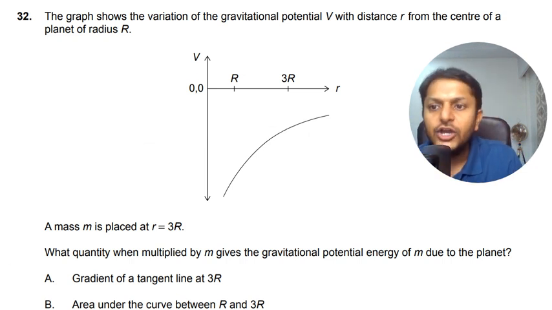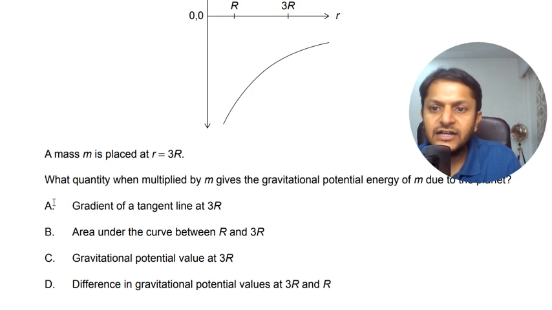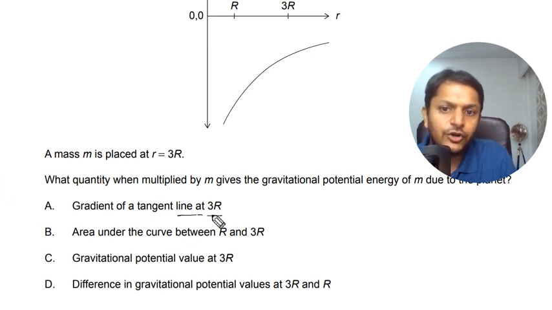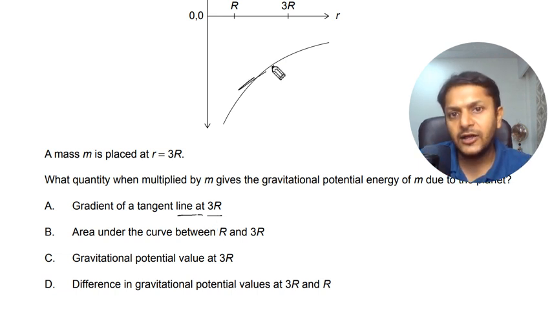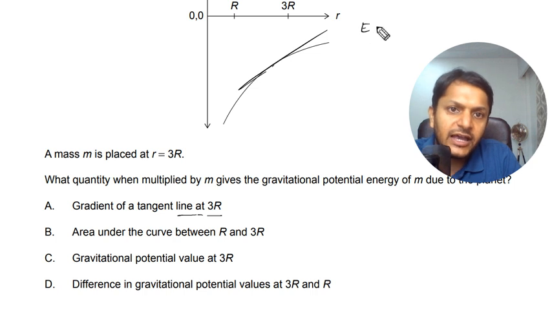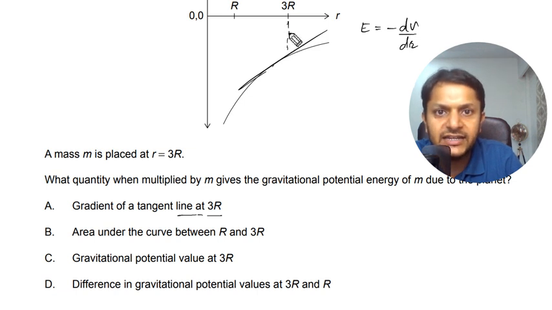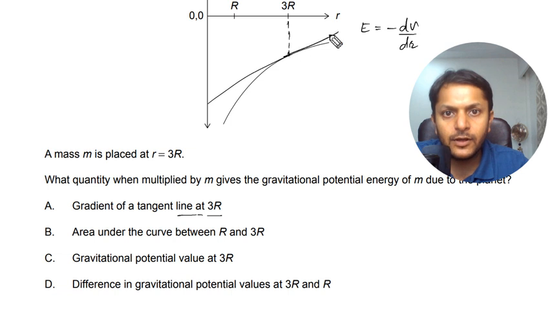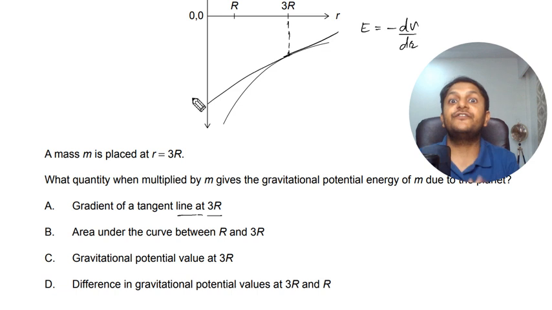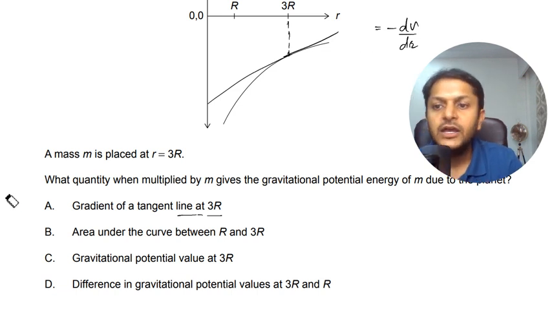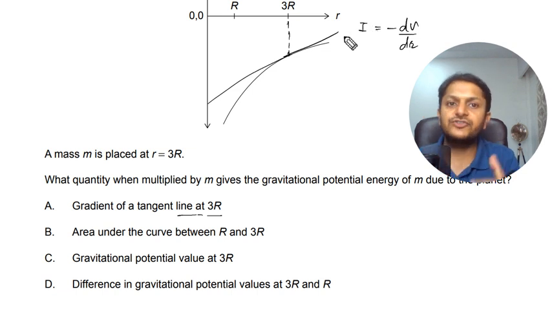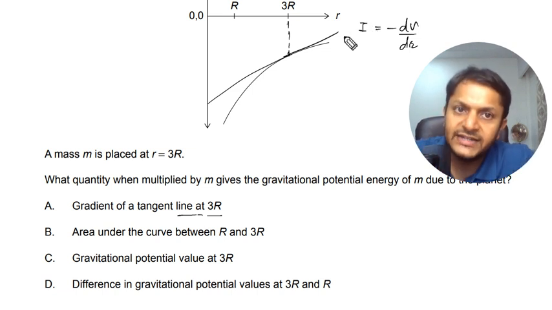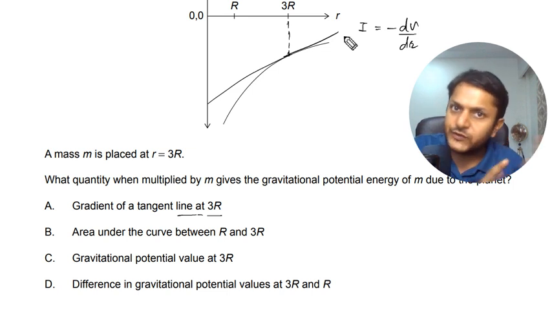But let's go for the options now. Option A is the gradient of the tangent at r. Now, the gradient has no meaning here. If you're finding the gradient, E is given by negative dV by dr. So if you find the gradient at this 3R point, you would be finding the electric field, sorry, not the electric field, I'm really sorry, the gravitational field strength or gravitational field intensity, although they are corresponding things in the two topics.